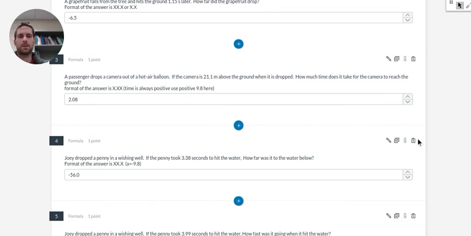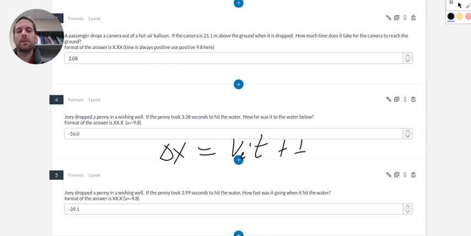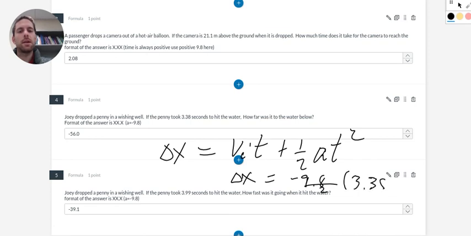All right, next one. We drop this penny in a wishing well. This penny takes this amount of time. Well, the distance, it's a drop, so V initial is 0 again. Write it down anyway. And I want to find my distance, so negative 9.8 over 2 times my time, 3.38 squared.